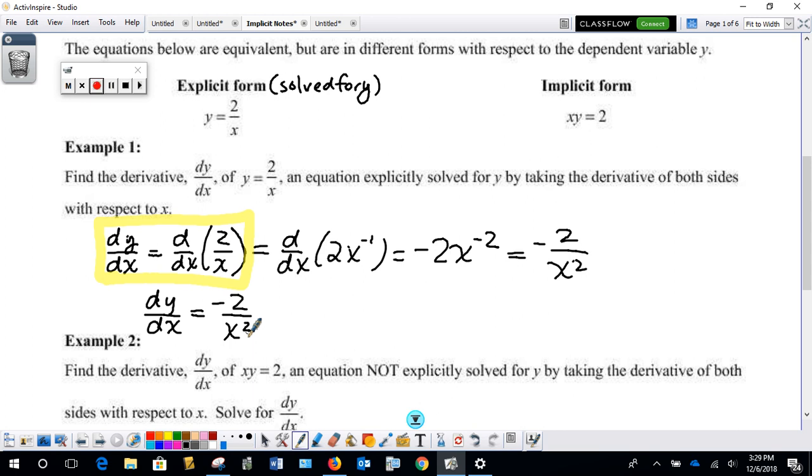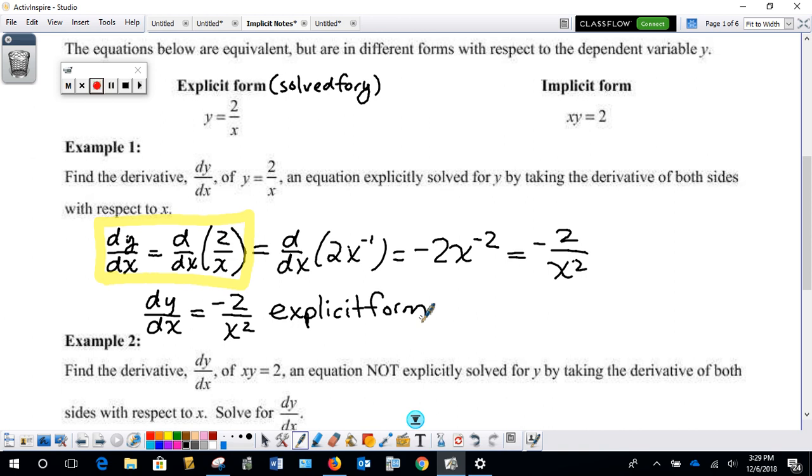So the derivative was a function of x. The derivative is only on this side, and it has only x's over here on this side. Because an explicit form of an equation will give you an explicit form of your derivative. And that's what you're used to seeing because that's what we've only been doing so far.